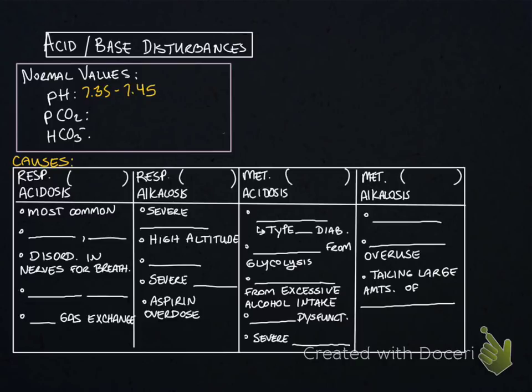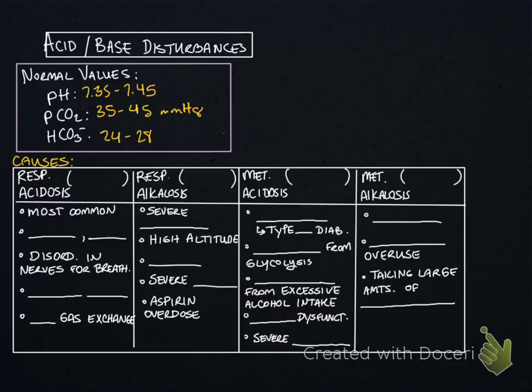Then you look at your volatile acid. That's controlled by the respiratory system, your CO2. What's normal value for that? 35 to 45. And then your bicarbonate, your fixed acid, which is, yes, 24 to 28. Or did y'all have 22? 24. Yeah. Depends on your book.